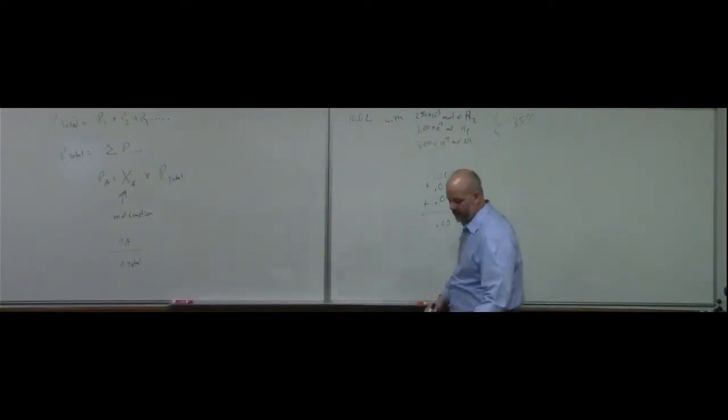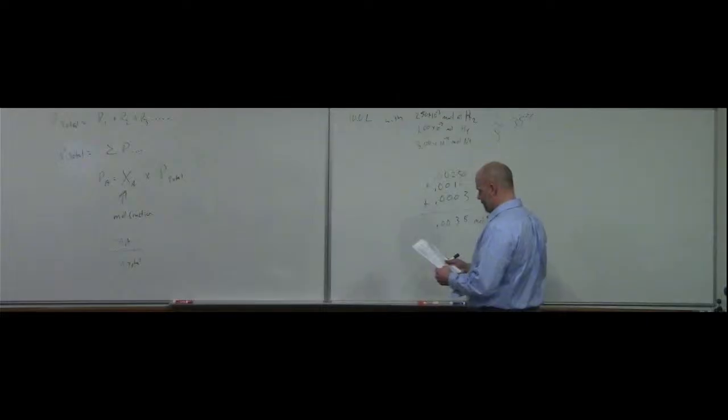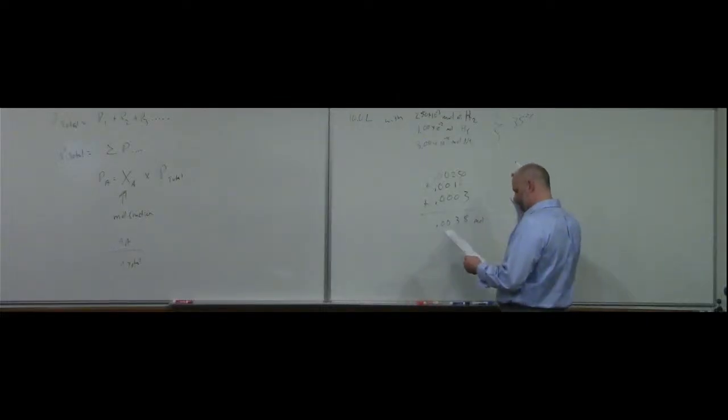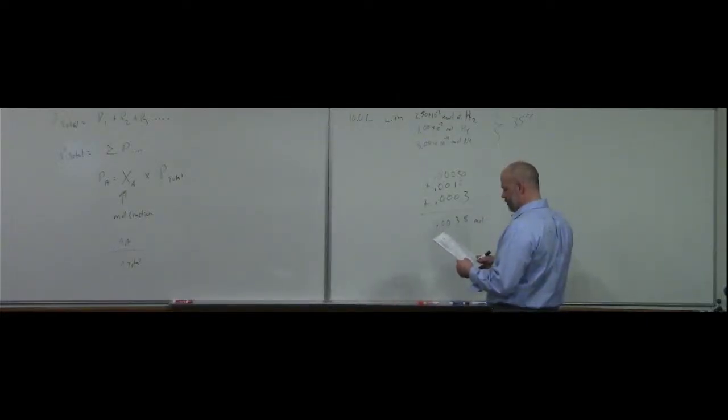All right, so what is it asking me for to begin with here? I'm trying to solve for the partial pressures of each gas. You give me the pressure of the whole gas. Yeah, that's what I was about to ask.